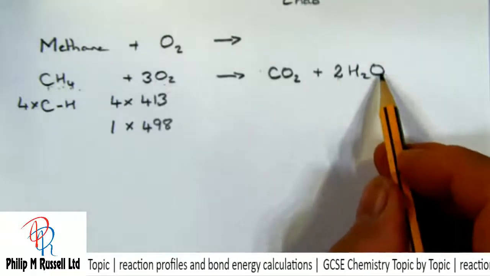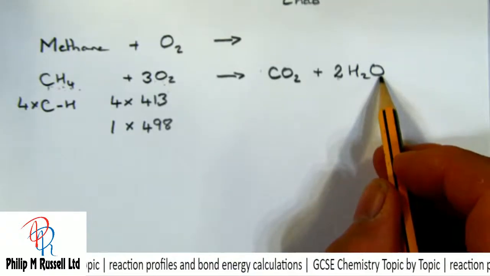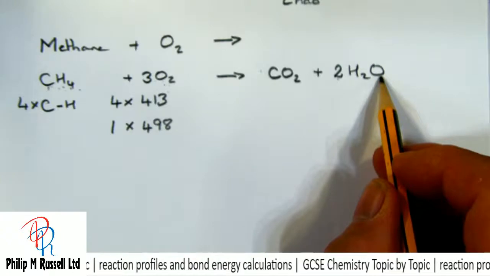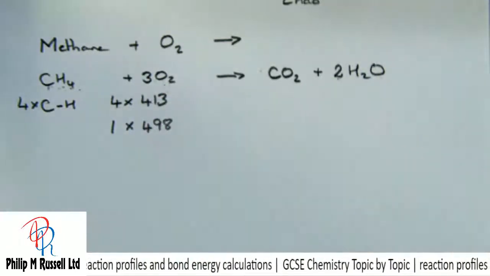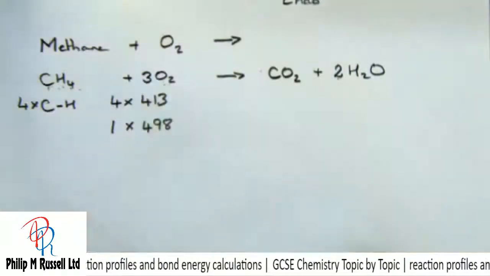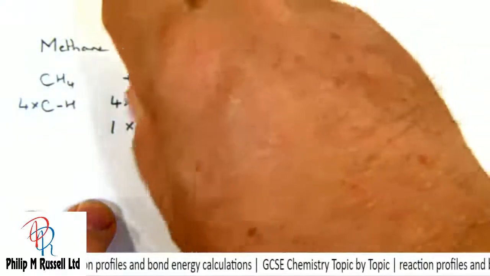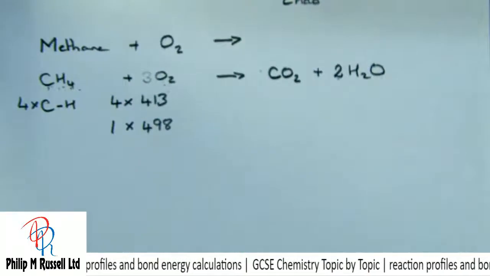So that's going to be oxygen, that's going to be 2. So that's only going to be 2, isn't it? I got that wrong. I was not balancing my equation correctly.